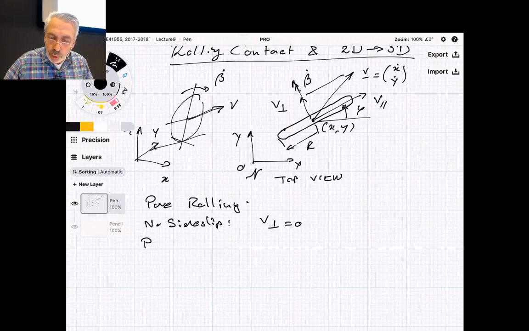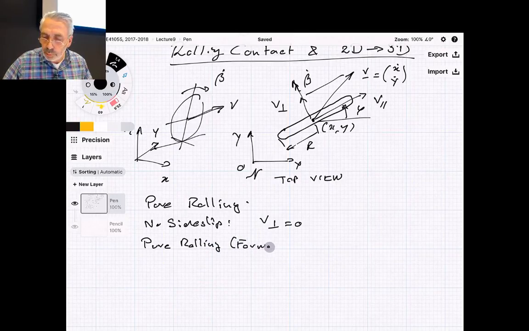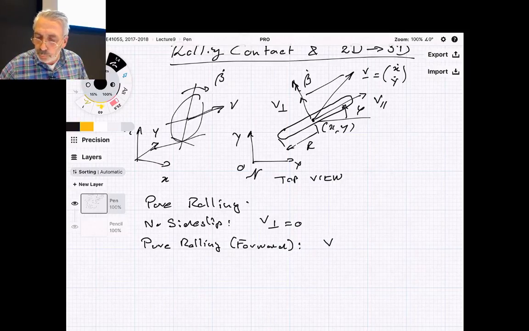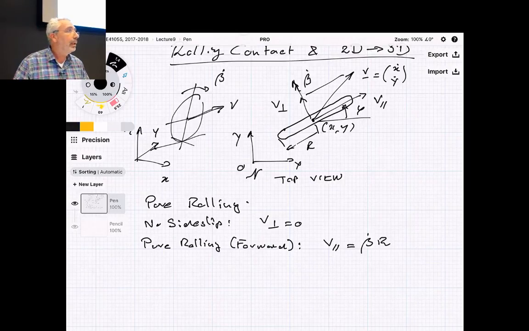And pure rolling in the forward, or longitudinal direction, means that these two speeds should comply. So we have a speed v in the direction, and that should be equal to beta dot times the radius. And then it has no slip, no brake slip or acceleration slip.